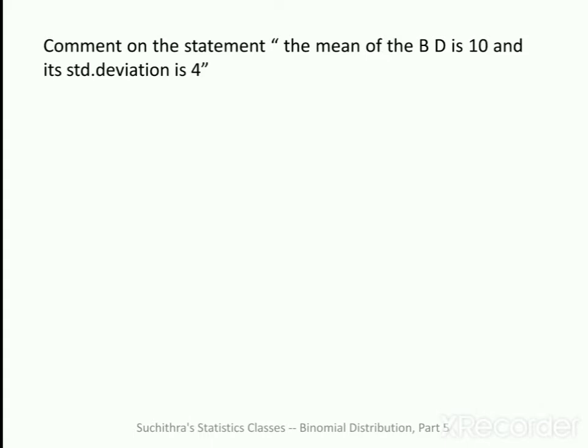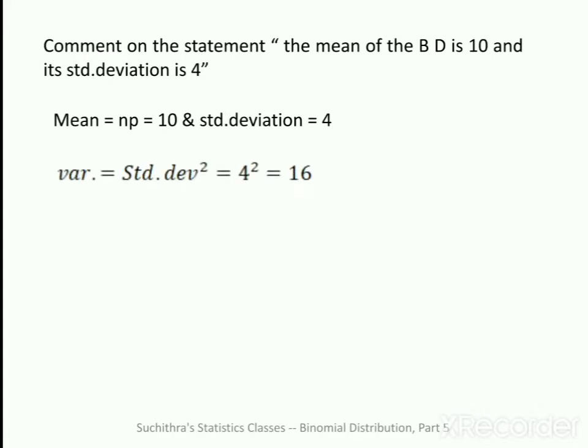Next problem is: comment on the statement, the mean of the binomial distribution is 10 and its standard deviation is 4. We know that mean is equal to np equal to 10 and given that standard deviation is 4. And we know that variance is standard deviation squared, so it is 16. And it is again equal to npq.